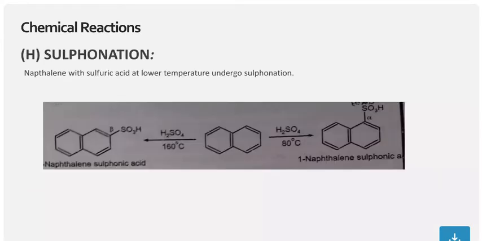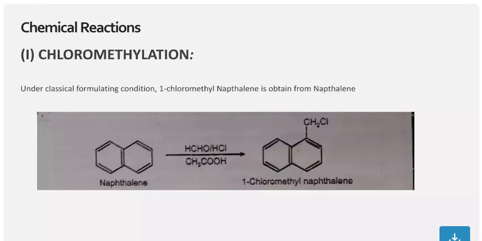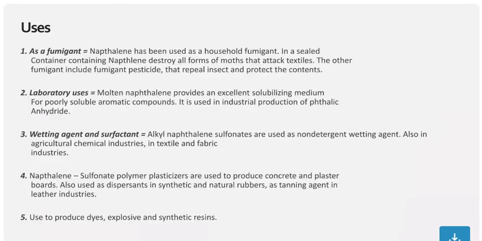Now sulfonation, you can see different conditions: at 80 degrees Celsius, the 1-substituted product, and at 160 degrees Celsius, you have naphthalene sulfonic acid at the 2 position. Now, chloromethylation, and that is also very important. Under classical conditions, 1-chloromethyl naphthalene is obtained from naphthalene. Look at the reaction scheme.